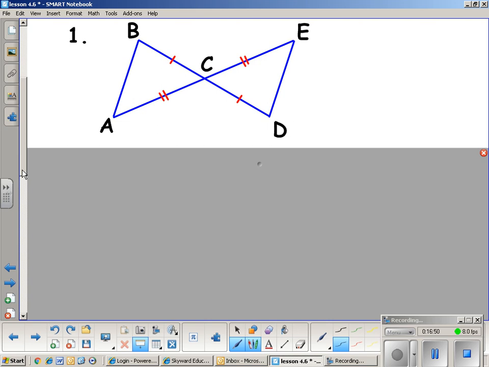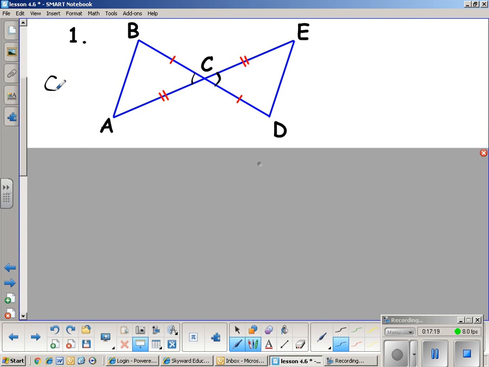And we said this angle was equal to this angle, right? So now using CPCTC, which stands for what? Who can tell me? Go ahead, Jackson. Corresponding parts of congruent triangles are congruent. Good.